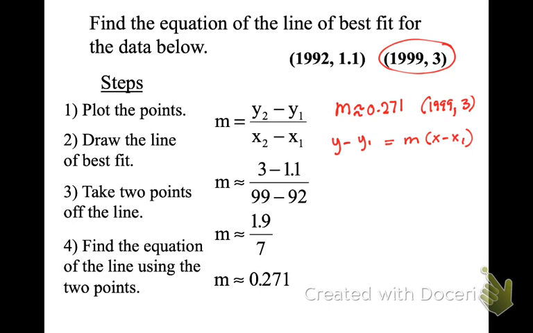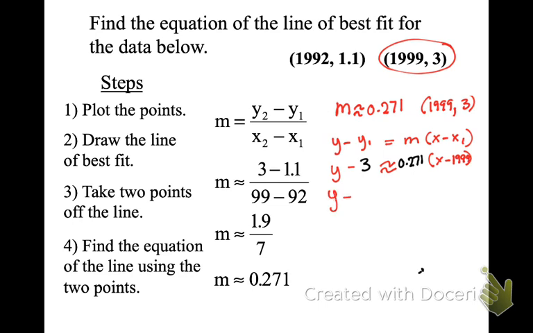Now, I'm substituting in. I've got y minus the y1, which is 3. So I've got the y1 is 3, the m is 0.271. I really should switch this to about. And my x1 is what? 1999.